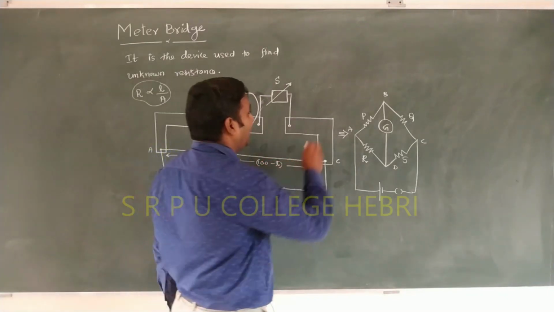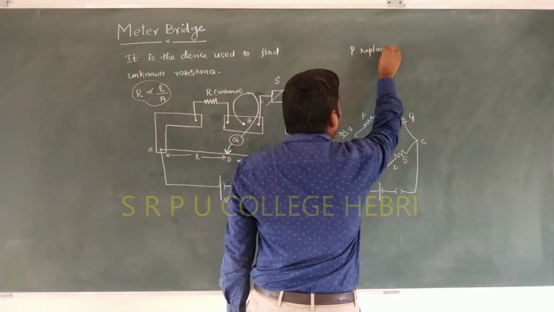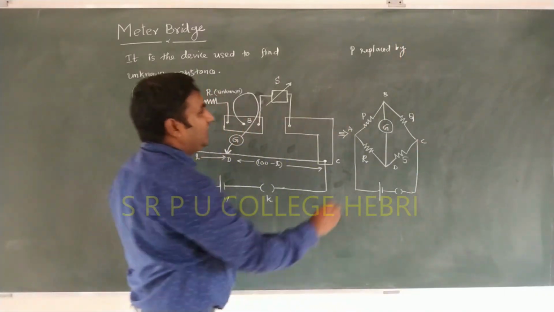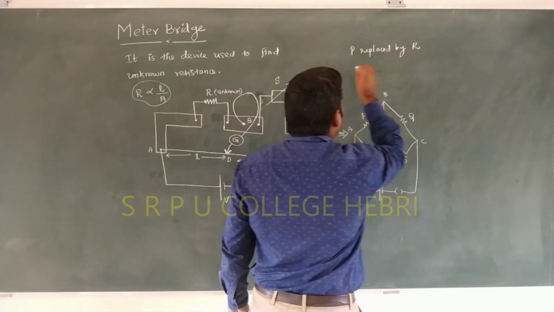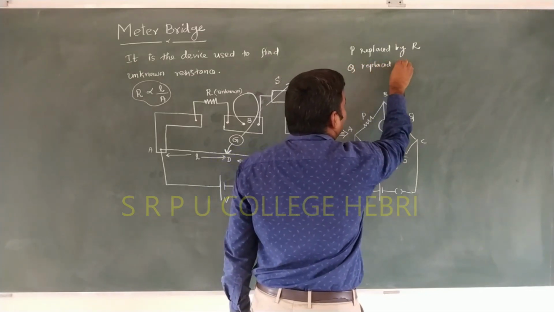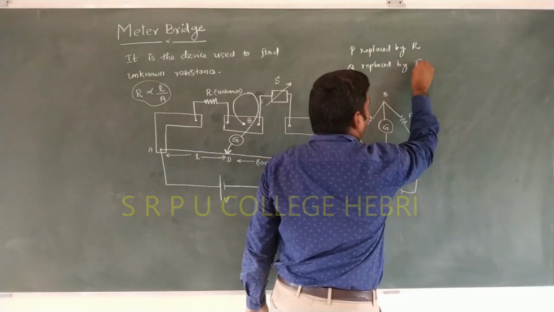Automatically we can say P is replaced by R. Q is replaced by a standard resistance box with suitable value.